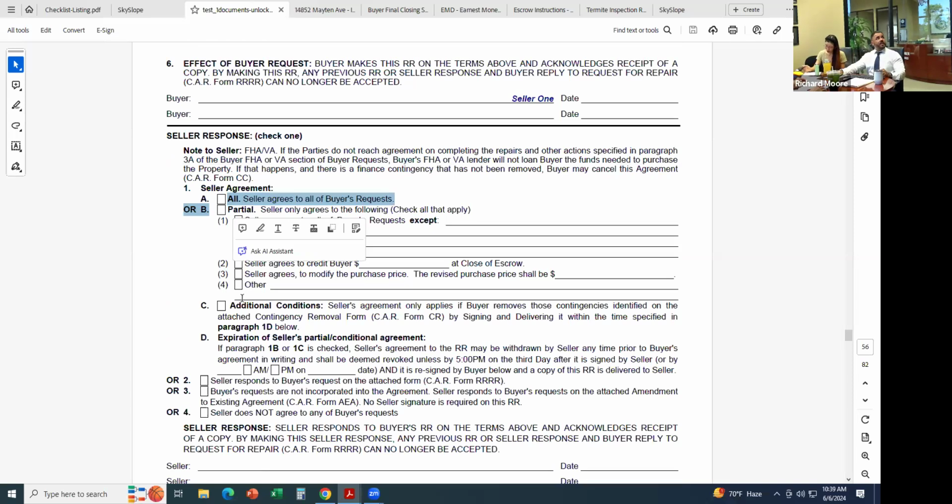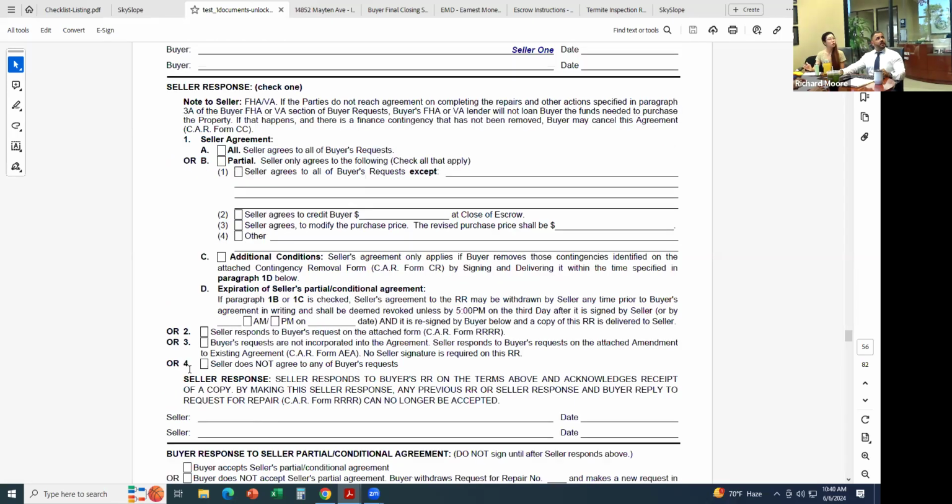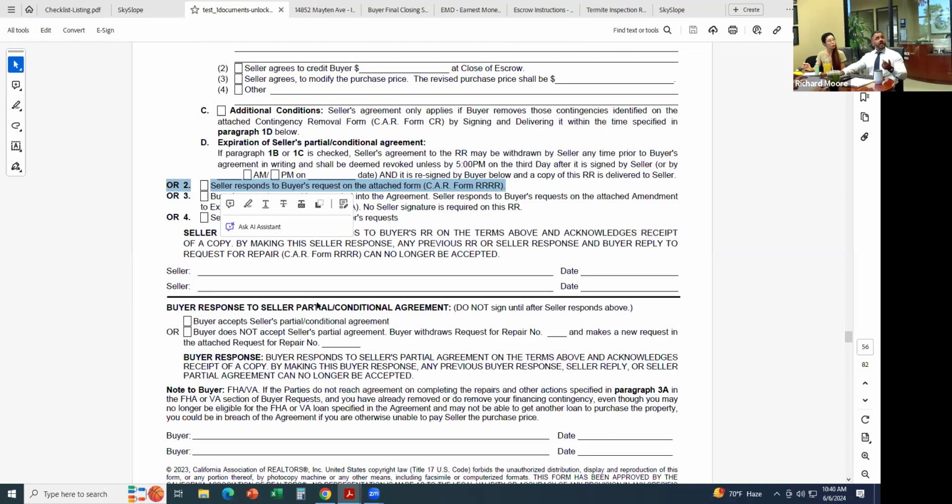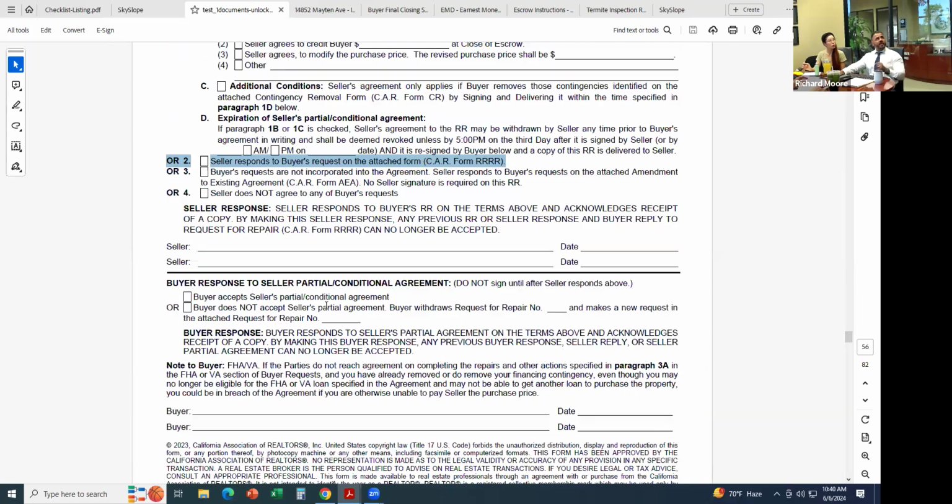But if the seller says, no, we're gonna just give you a partial, seller responds right here, number 2. Seller checks that box, they sign it, and then they send their own form saying, we're not gonna fix that, we're gonna fix just this and that, or we're gonna give you a credit of this much, or a combination of things. Then you're gonna need that other form, seller response, I don't have it here.